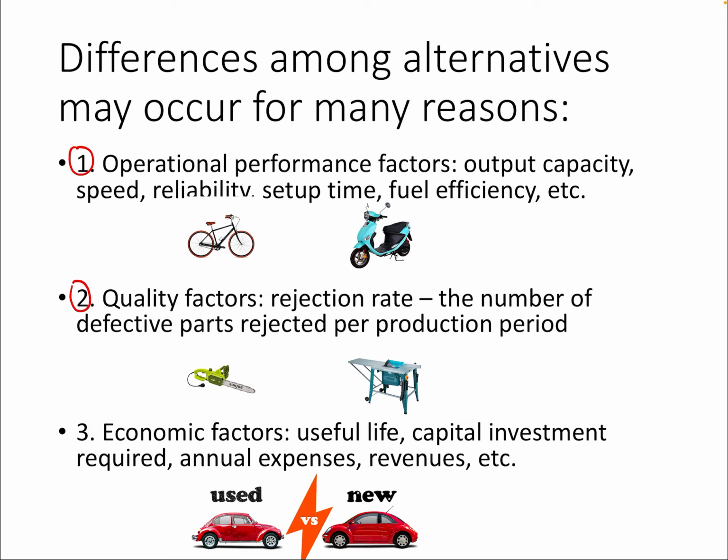But if you want to have higher quality products, you might want to spend more on the high-end equipment, right? So it's all related, the price and the performance. And so the quality factors are something you need to consider.